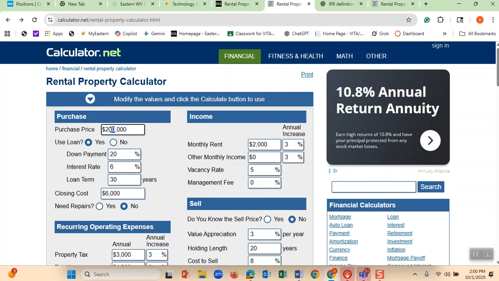Suppose you are going to purchase a house for $100,000. Maybe in that case, your rental property, they won't rent it from you for more than $1,000. Down payment, you might say, usually rental properties want 20%.